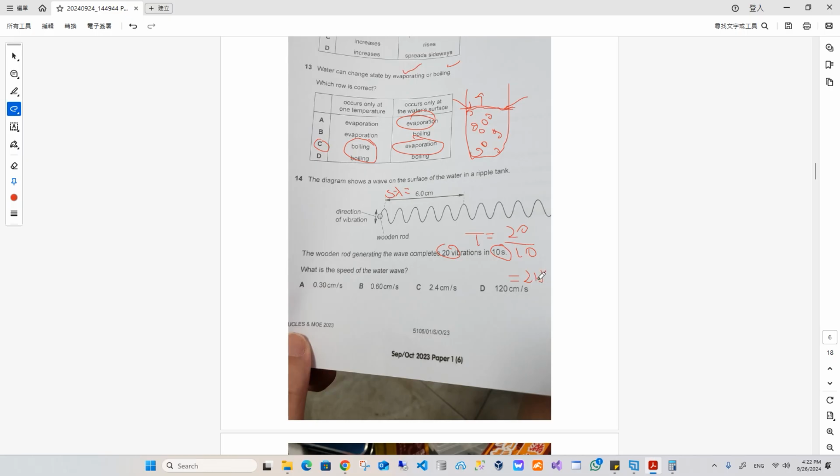I'm sorry, not 2 hertz. The period is 2 seconds per oscillation? Frequency is equal to 1 over period, so frequency is half hertz, 0.5 hertz.